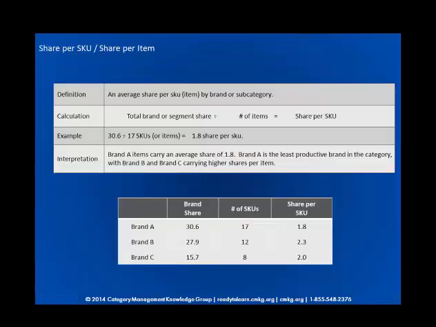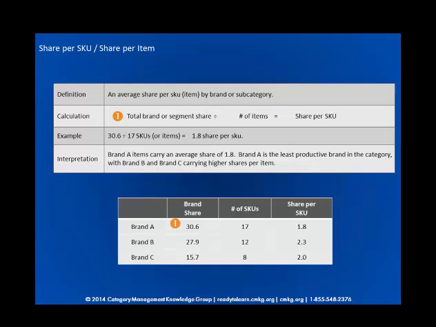So let's have a look at some of those key measures and what insights we can gather from them at that top line level. So here's a really simple look at share per SKU or share per item, and it's one of the productivity calculations that we look at a brand or segment level. So let's walk through an example here.